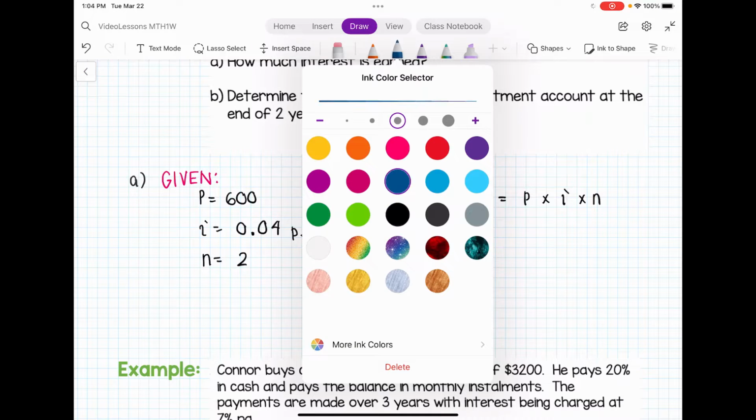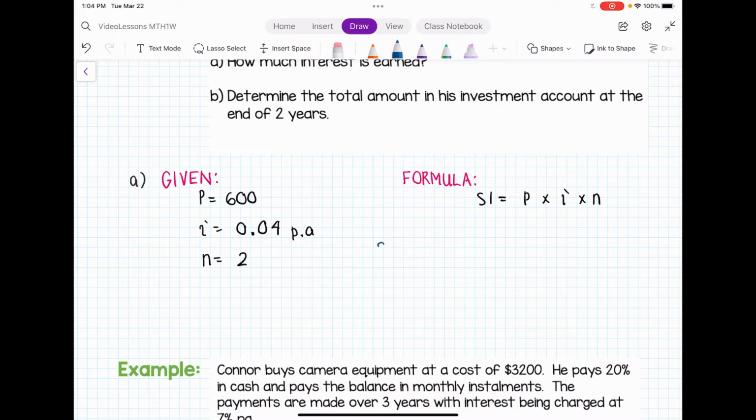And now we're going to substitute. So SI is equal to principal, which is 600, times the interest rate, which is 4%, times the number of years, which is 2. And then you use your calculator and you get your answer.